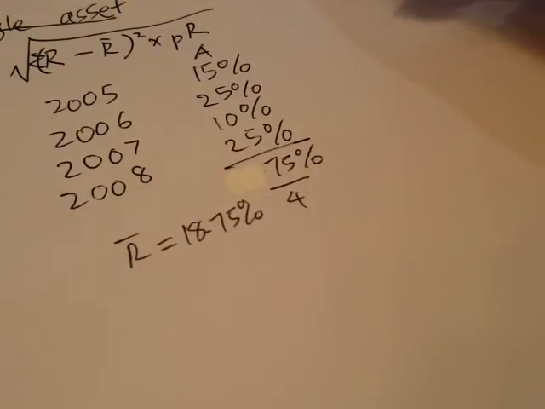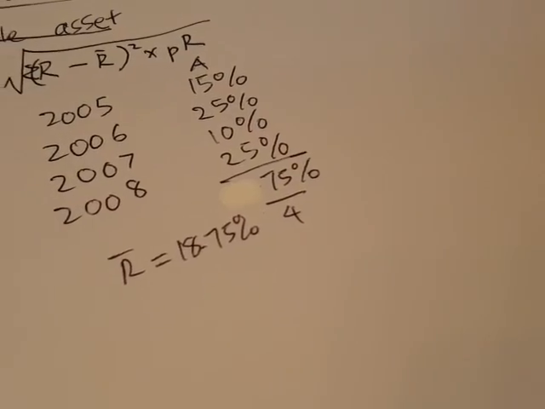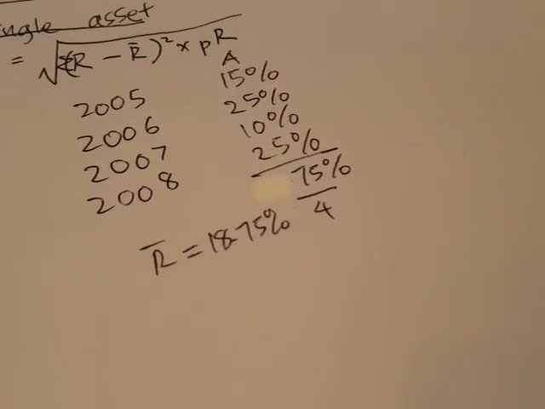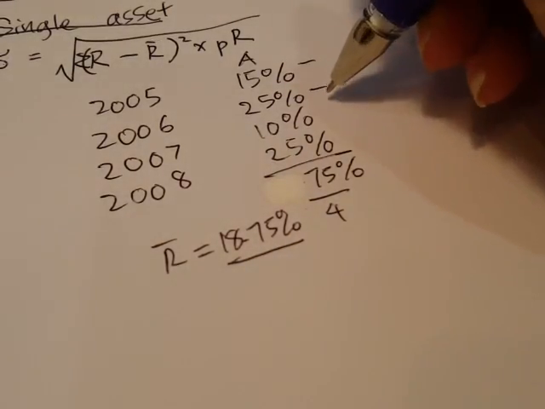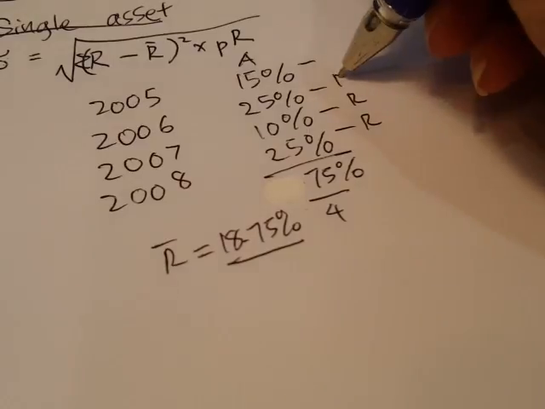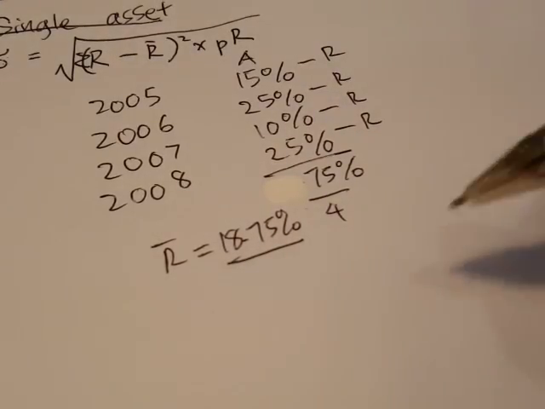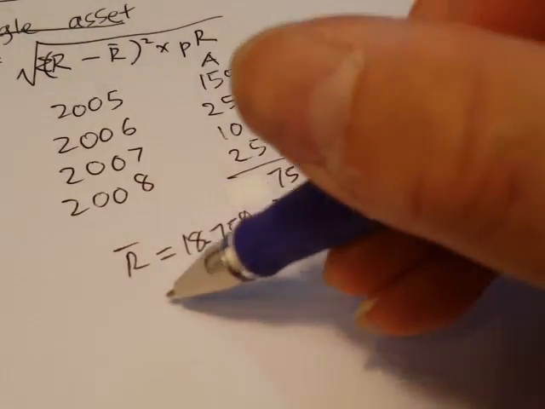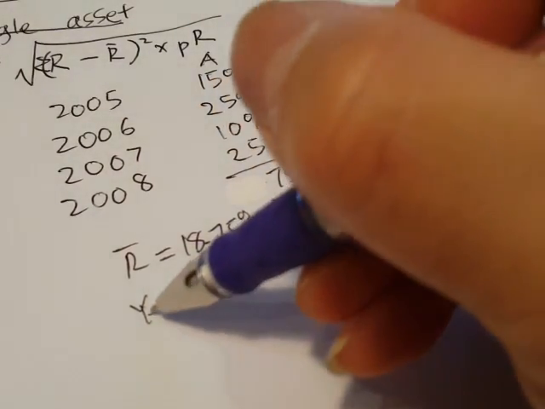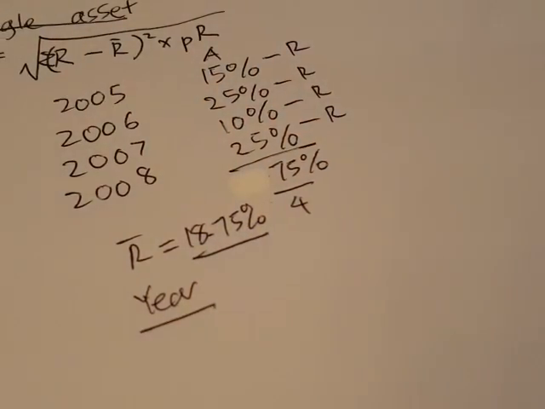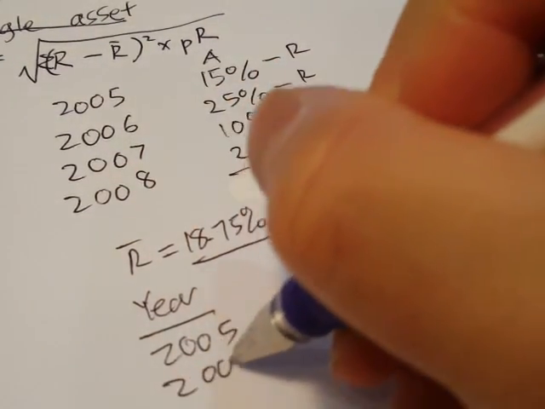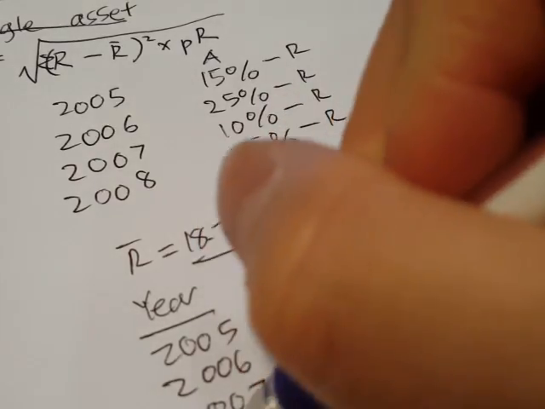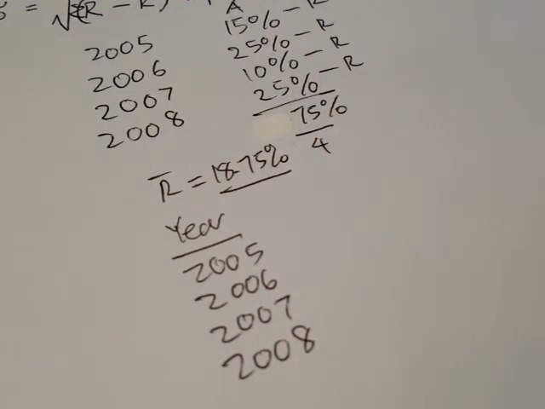So now, based on this formula, we can actually construct a table to calculate your variance and standard deviation. Yeah, this is average return, and all these are your return from respective period. So if you put them in a table: 2005, 2006, 2007, 2008.